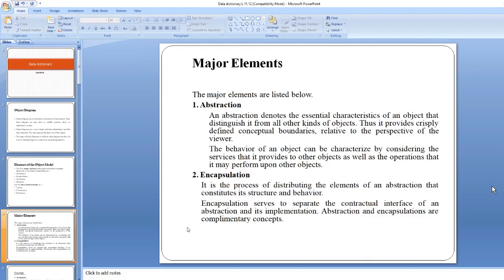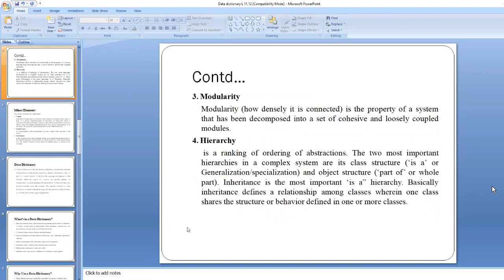Okay, it would give us a layout of the abstraction and how its implementation would be performed, means based on that information how the things would be processed and how the operations would be performed. Now, abstraction and encapsulation are complementary concepts. They complement each other. Okay, so thus we can understand its working.